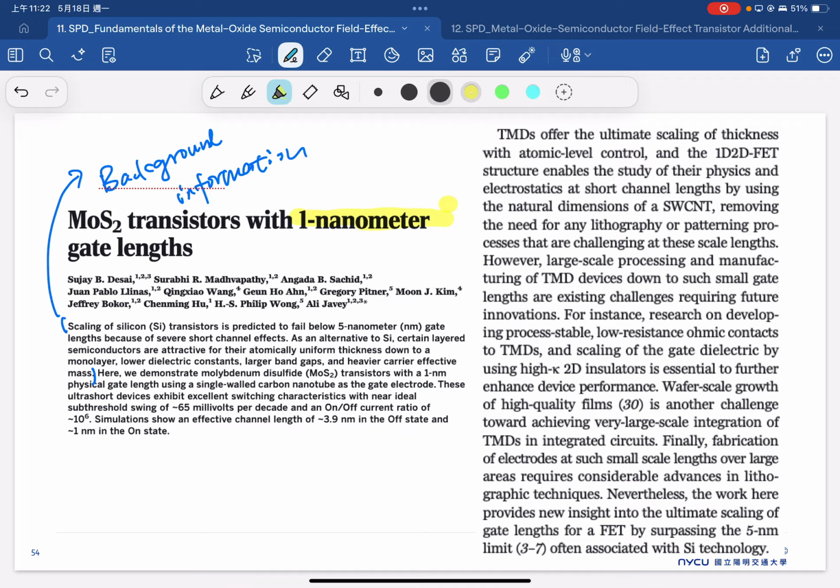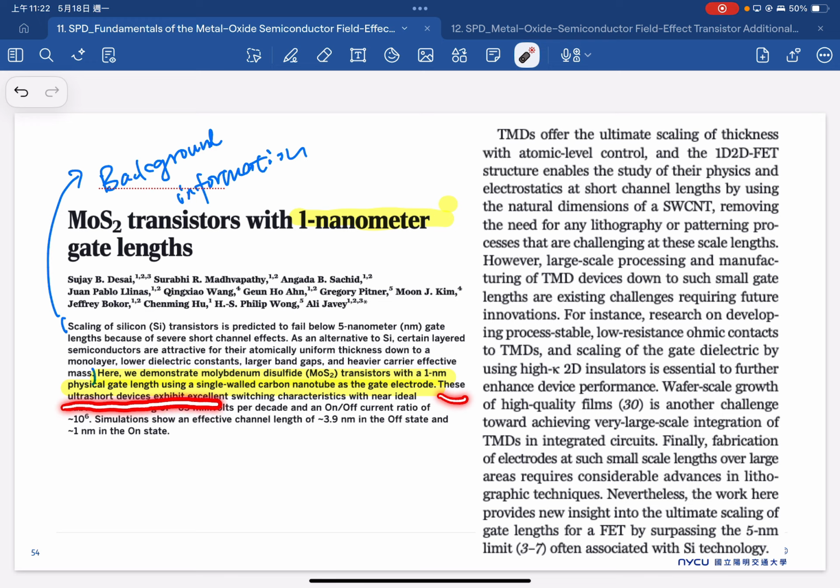It mentions here: we demonstrate this MoS2 transistor with a 1 nanometer physical gate length using a single-wall carbon nanotube as a gate electrode. So that's the main objective for this paper. This ultra-short device exhibits excellent switching characteristics with a near-ideal subthreshold swing.